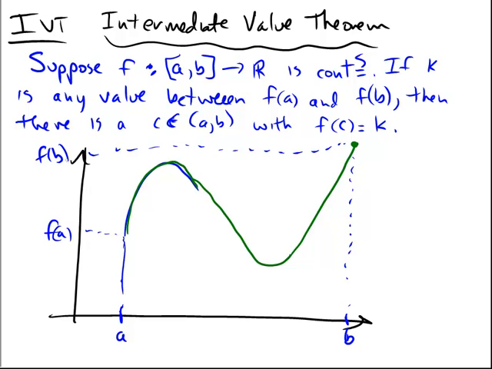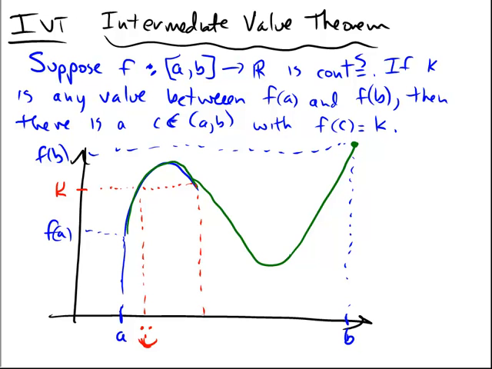Then what the theorem is saying is that if you give me any old k that's in between f of a and f of b, then as I come over here, I can find points in the open interval from a to b such that when I take the functional value of them, I hit k. So this right here would be a potential c. Notice that there doesn't have to be a unique one.